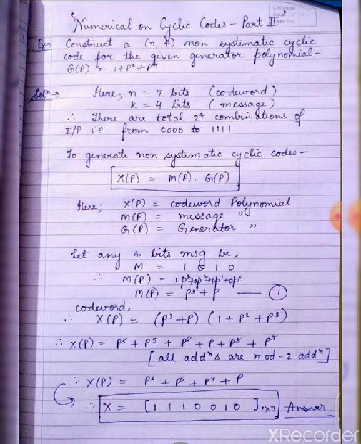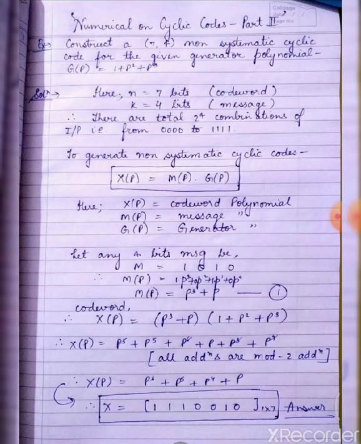Now let us take any 4 bits of message. We have taken here the 4-bit message as m equals 1010. Now we have to change this message into polynomial form. How will we change it? We will start from the LSB. For the LSB we will use p to the power 0.